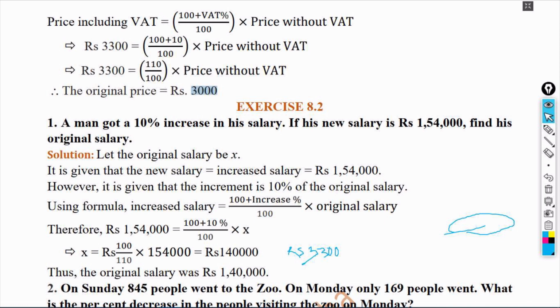Now, let us come to exercise 8.2. It is very simple. You can solve it easily. Look at the steps. A man got a 10% increase in his salary.